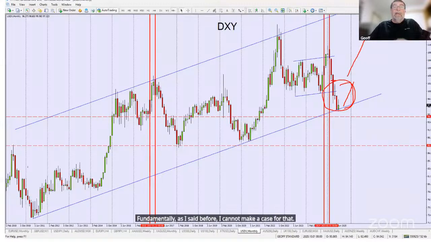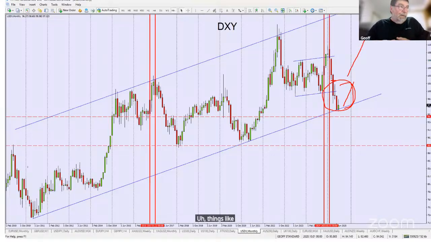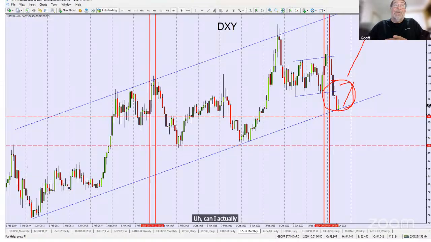I simply can't see how in this environment where you've got things like BRICS, you've got things like the petrodollar collapsing, you've got things like China wanting to revalue the yuan to gold rather than against the US dollar. With all of that going on, and there's plenty more going on, can I actually see the dollar strengthening? No, I can't. Fundamentally, I simply cannot.